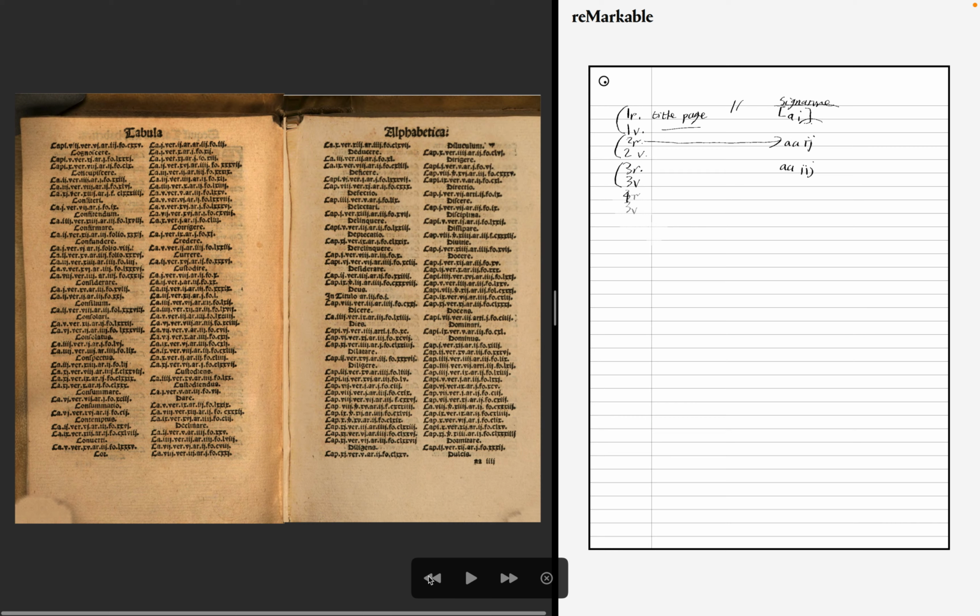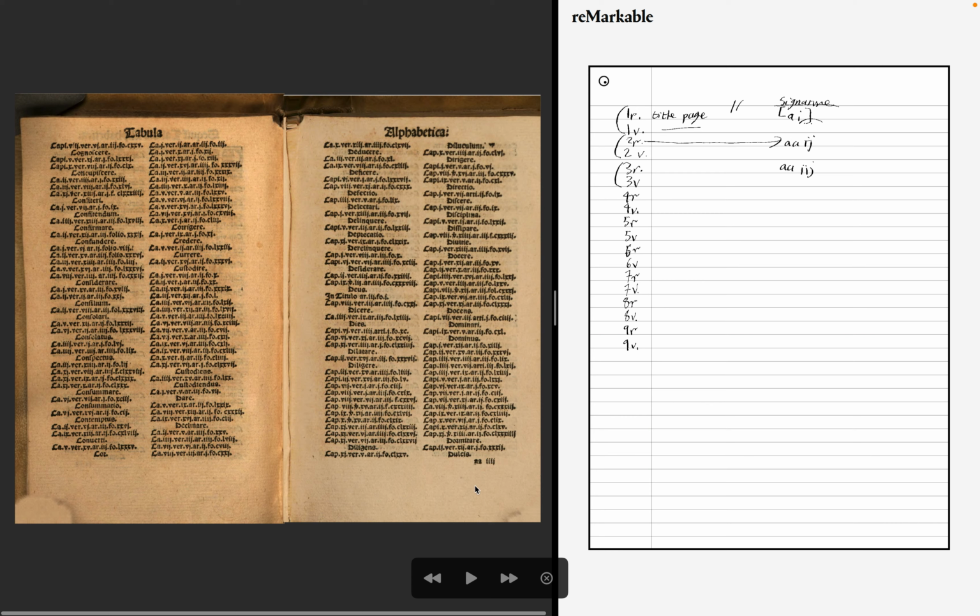4 recto, 4 verso. 5 recto, 5 verso. 6 recto, 6 verso. 7 recto, 7 verso. 8 recto, 8 verso, and we'll also go to 9 recto and 9 verso, because something actually happens right there.